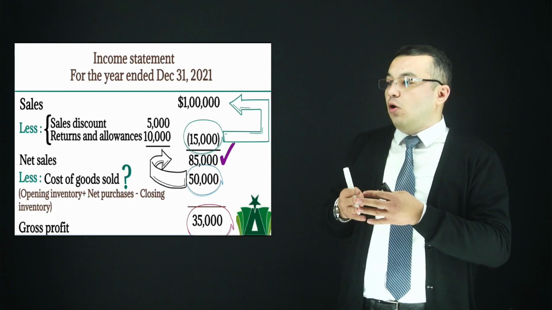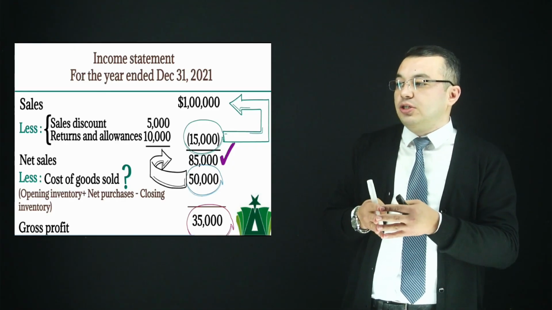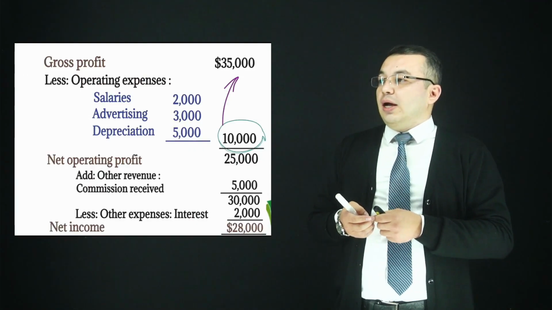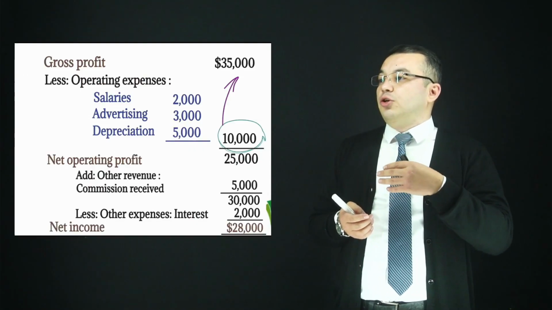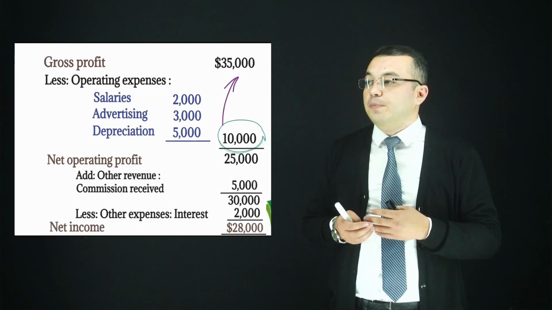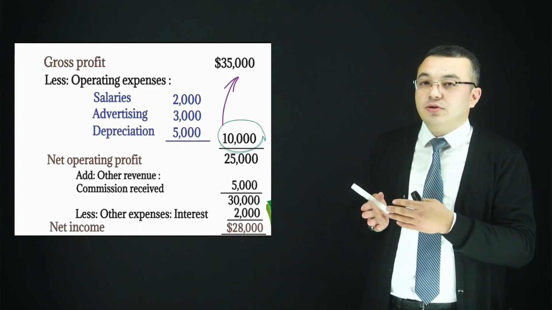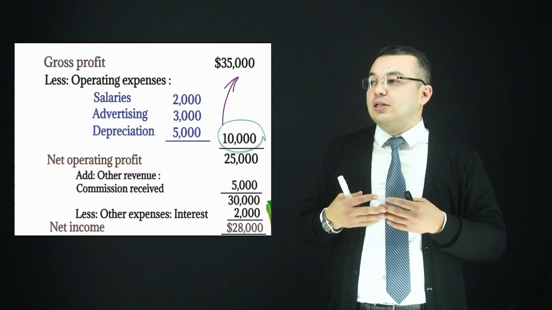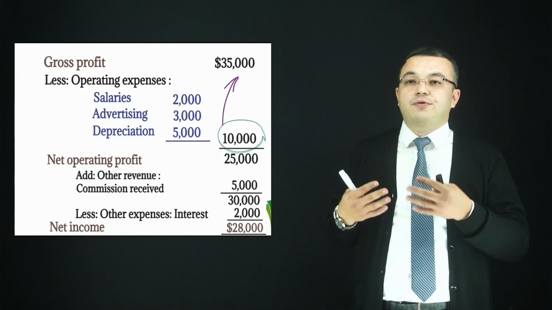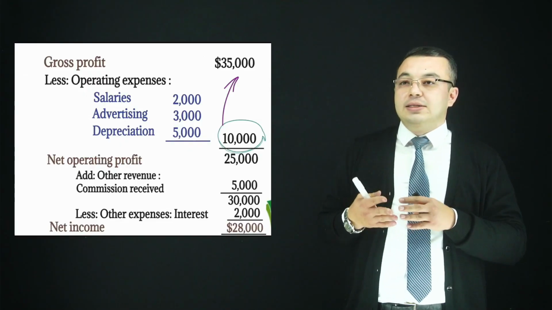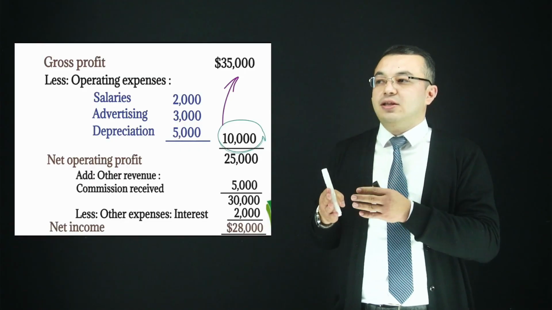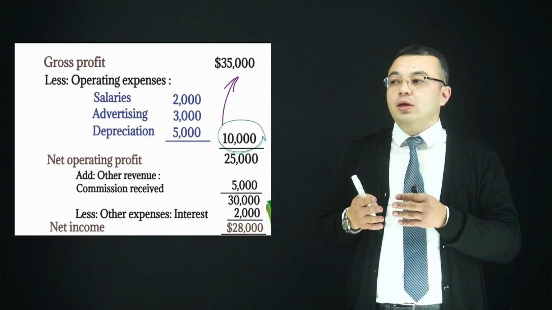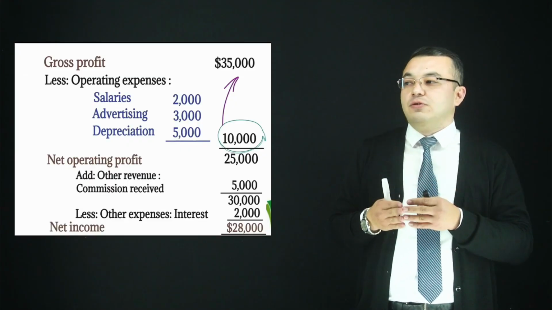And now we will see the opening inventory plus net purchases minus closing inventory. We have seen that our gross profit is $35,000, less operating expenses: salary $2,000, advertising, imagine that we spent $3,000, and depreciation we spent $5,000, so the total amount of $10,000 is deducted from the gross profit, and we will have $25,000.